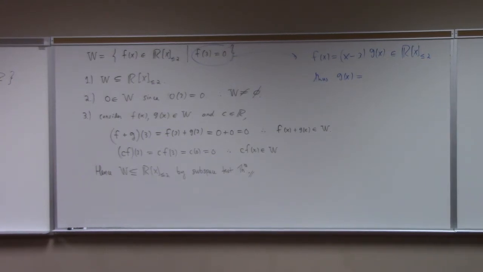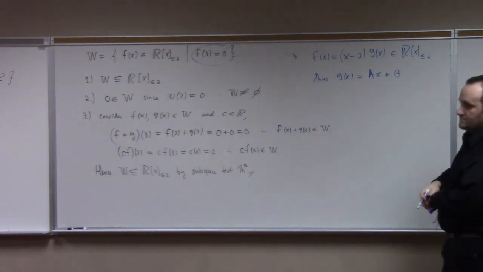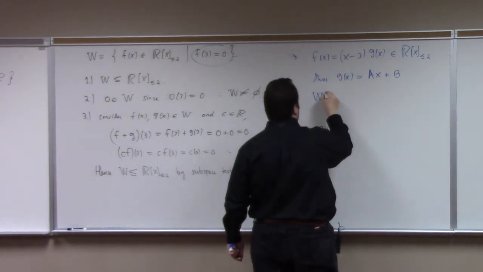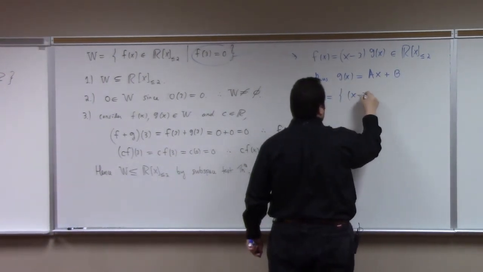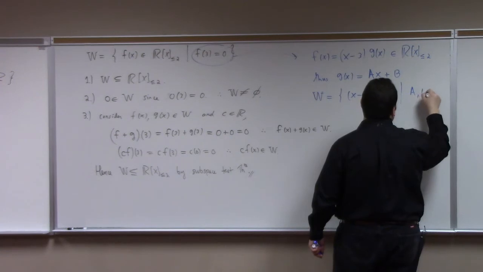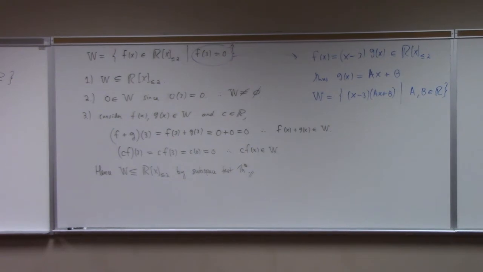What's the degree of the other factor? The sum of the degree of x minus 3 and g has to be 2. I guess it could be less than 2, but at most 2. So that means that g of x has to have the form ax plus b. So in fact, we could write W is equal to x minus 3 times ax plus b, such that a and b are real numbers. Here I'm using polynomial theory, college algebra, if you will, factor theorem.